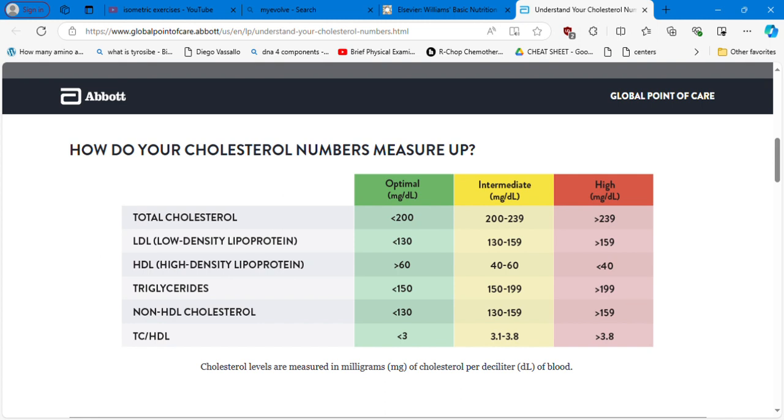So these are basically the numbers you need to remember. Total cholesterol must be less than 200, LDL less than 130. HDL protection against CVD is more than 60. Okay, it's more than 60, and that's good to know. And triglycerides, normal, should be less than 150, and non-HDL cholesterol less than 130.